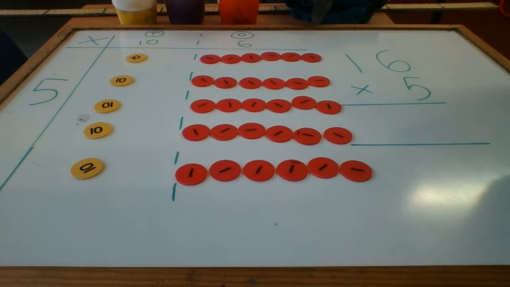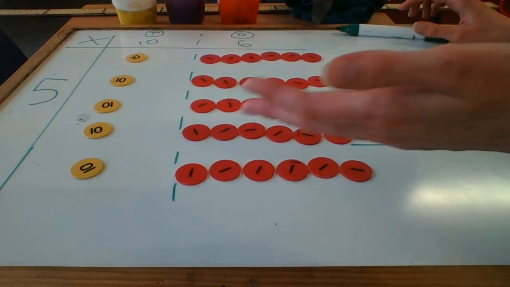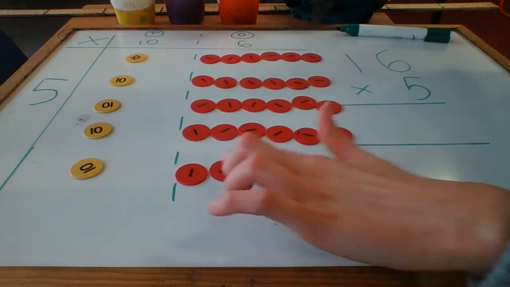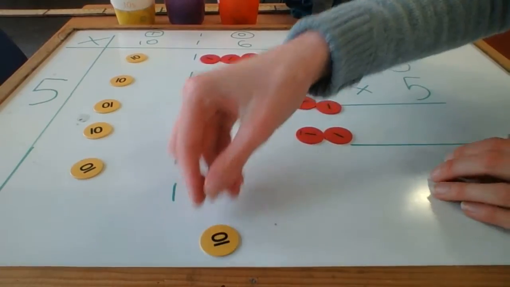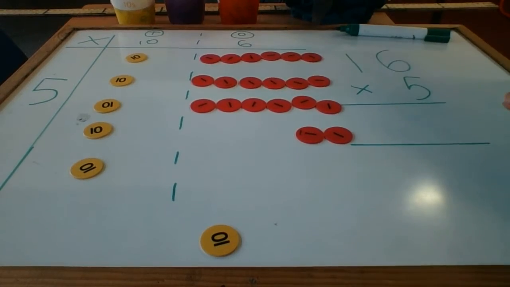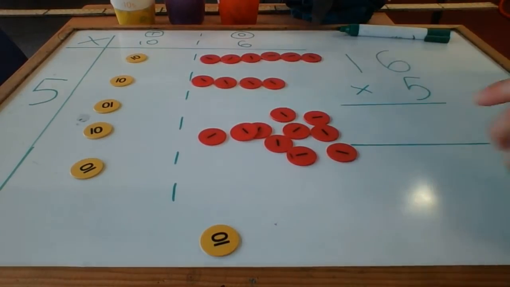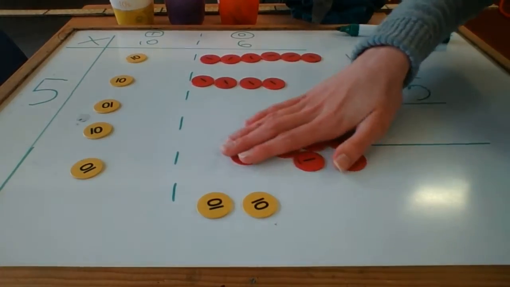So if I've got 30, that means that this is actually 3 tens. So I can change 10 ones for 1 ten. I can change another 10 ones for another ten. Make sure you can see those.